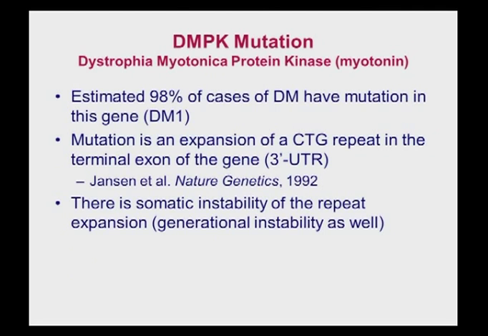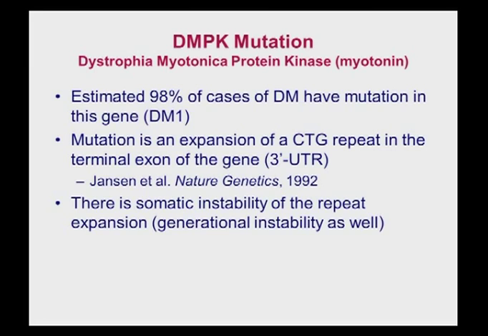So let's talk a little bit about the molecular pathogenesis. The gene for DM1 was originally isolated back in 1992, and it was shown to be a trinucleotide repeat expansion. It's a CTG repeat in the terminal exon of the DMPK, which is the dystrophia myotonica protein kinase, or myotonin.